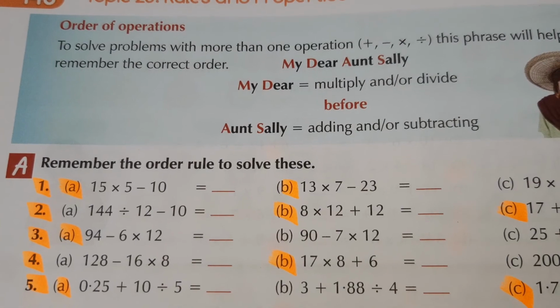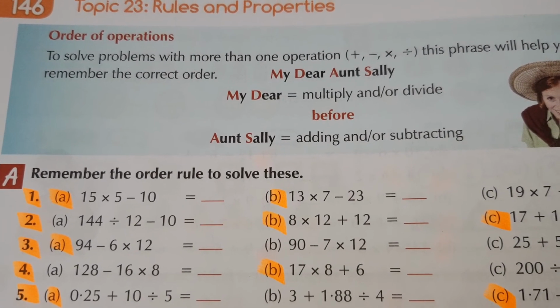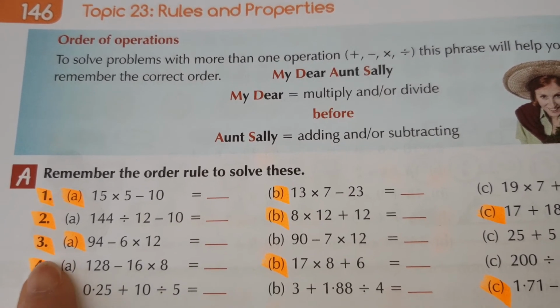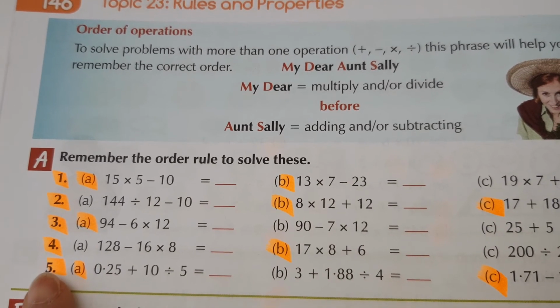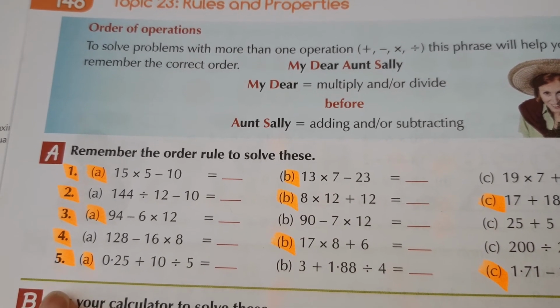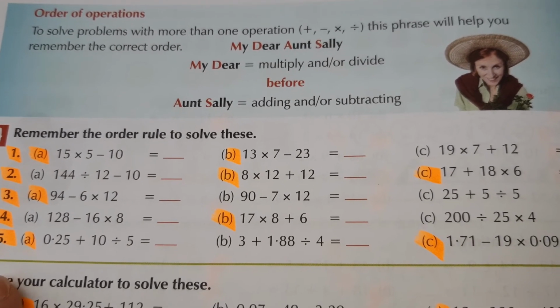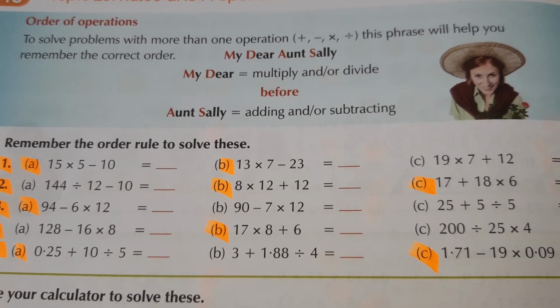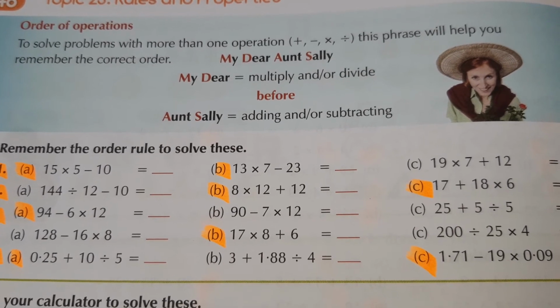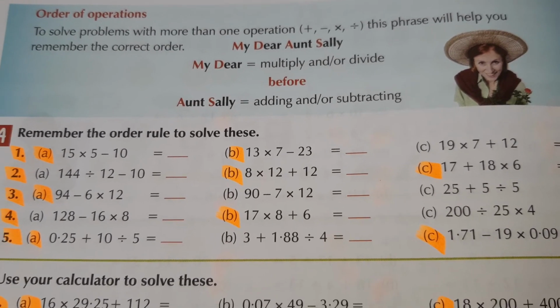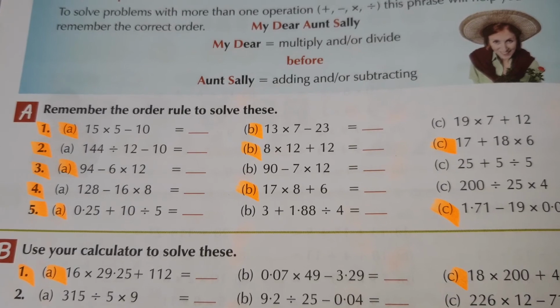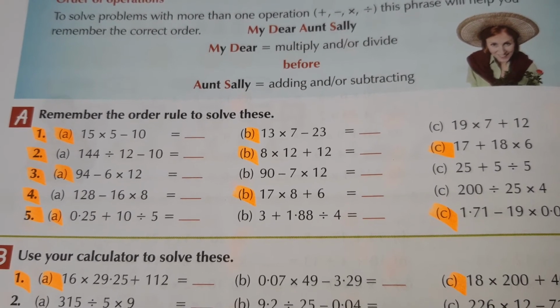So I'll give you the answers to them. So for A, 1A is 65, B is 68, 2B is 108, C is 125, 3A is 22, 4B is 142, 5A is 2.25, and C is 0.